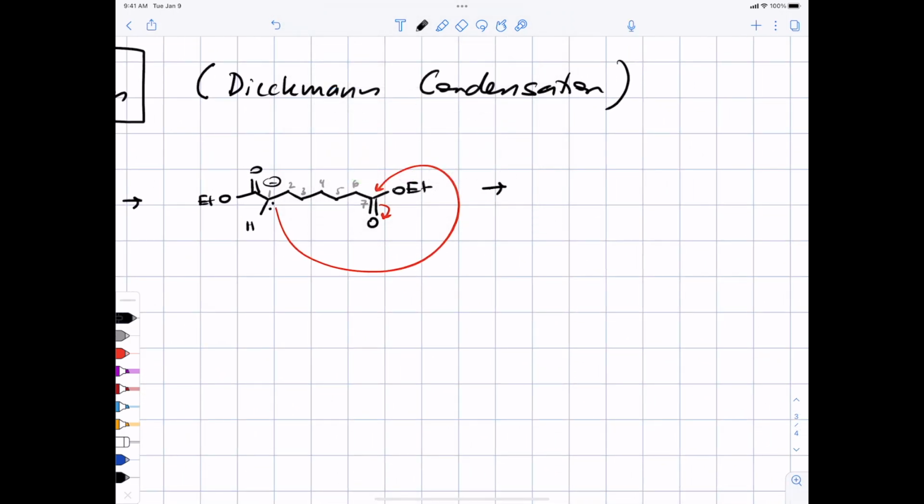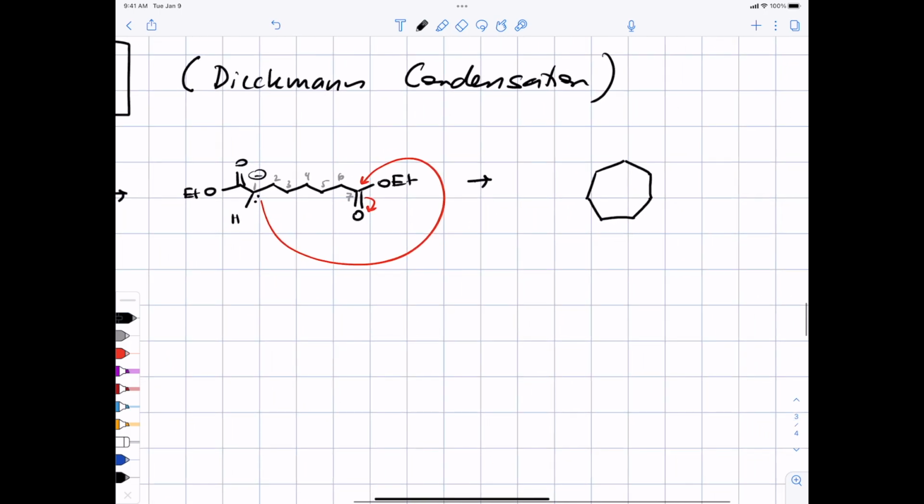That's fun. So now we have to draw a 7-membered ring and number the atoms 1, 2, 3, 4, 5, 6, 7. Carbon 1 is bonded to the ester and used to be the alpha carbon. Carbon 7 used to be a carbonyl carbon.